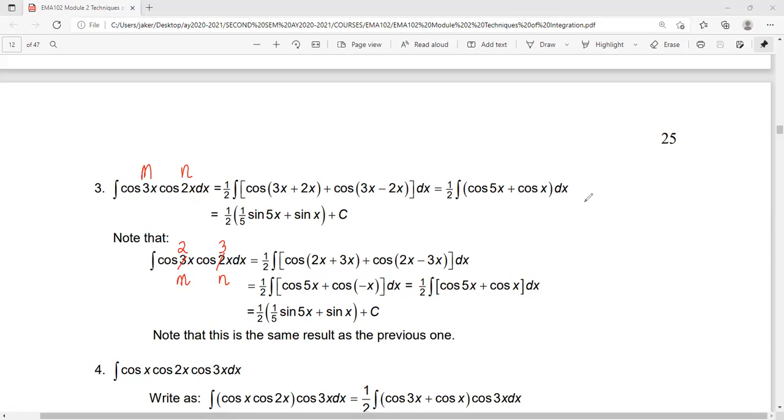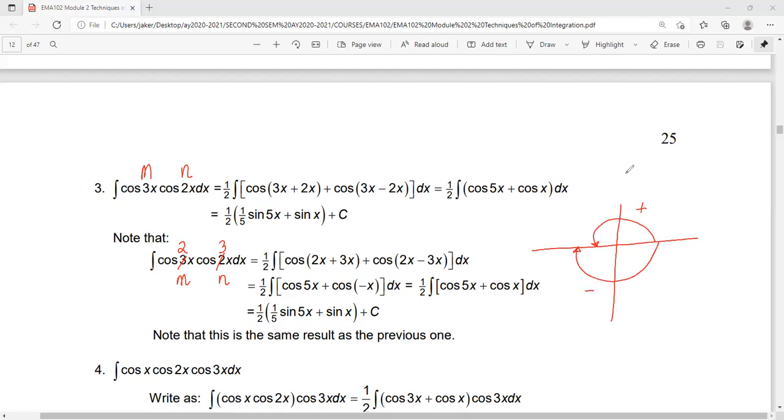Now if you recall in your trigonometry in high school, when you measure an angle in a counterclockwise manner, the sign of that angle is positive, right? If you measure the angle in a clockwise manner, so this one is counterclockwise, this one is clockwise, the angle is negative.